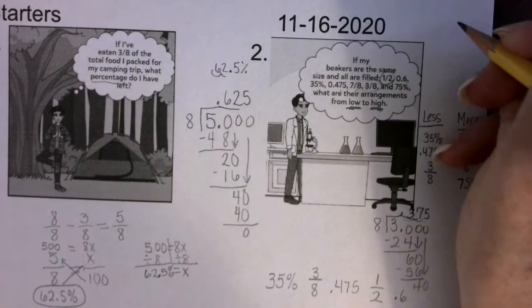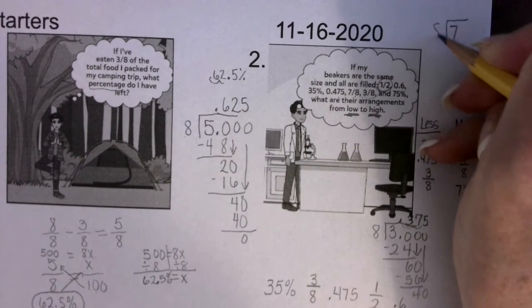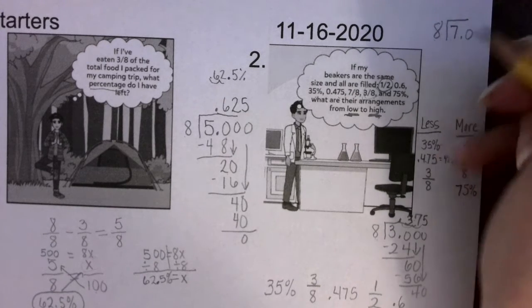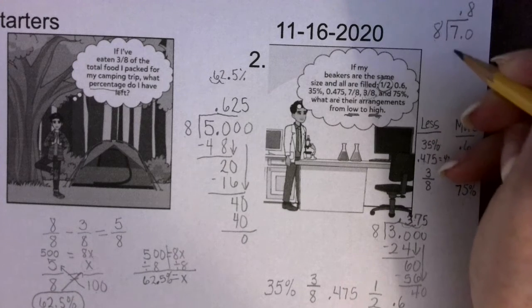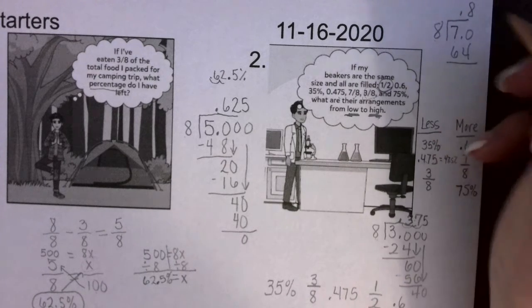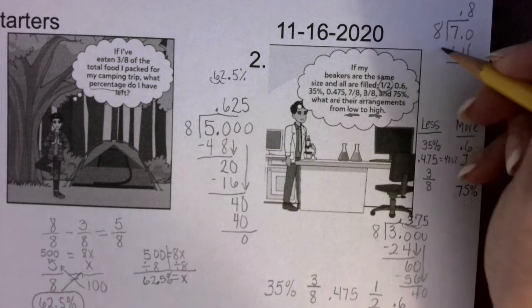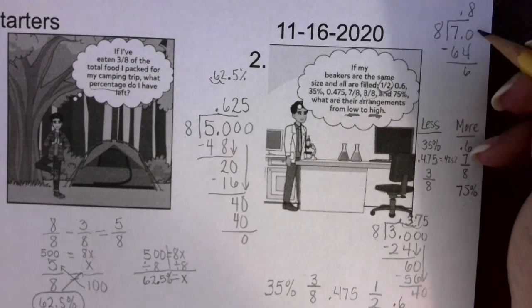And I'm going to divide 7 by 8 to figure out my percent on that. 8 goes into 7, it doesn't. 8 goes into 70 8 times. 8 times 8 is 64. I already should know that this is going to be bigger than 75%, but I'm going to finish that problem. 70 minus 64 is 6.